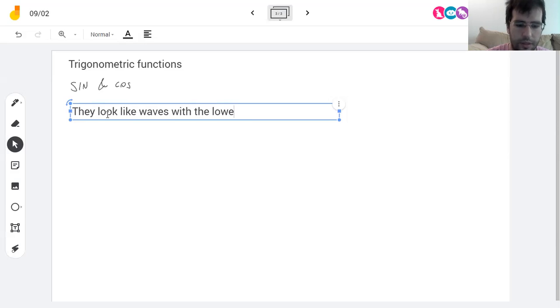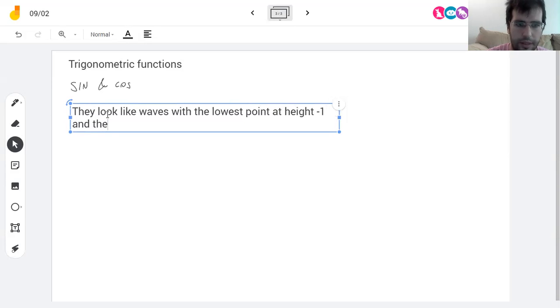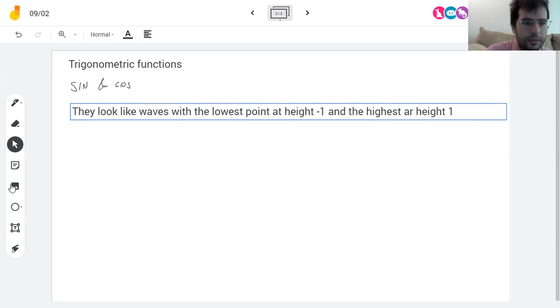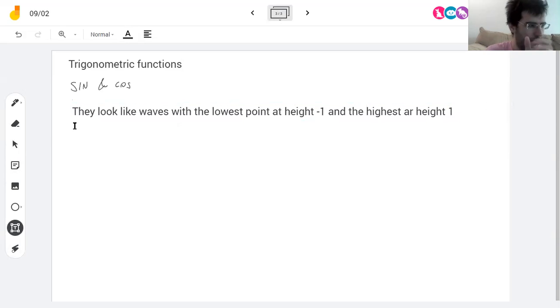With the lowest point at -1 and the highest at 1. So they're both waves. I mean, one looks like a translation of the other. Sine of 0 is 0, and cosine of 0 is 1.